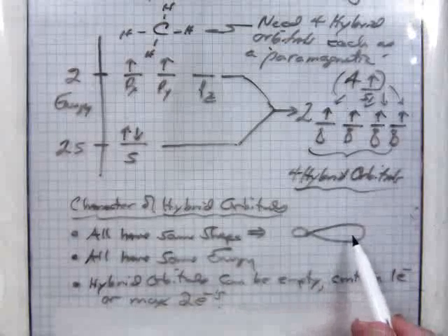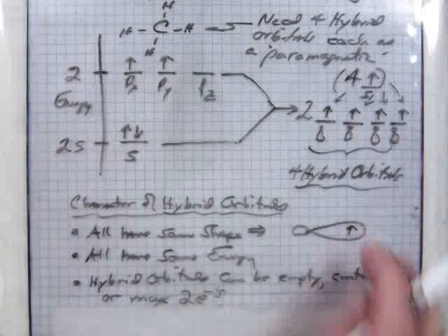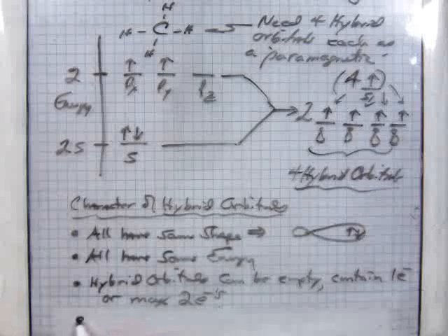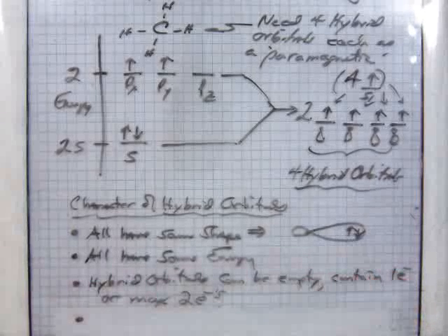So I can put at least 1 in there, or none, or max out with a diamagnetic like that. Of course, it is the electron orbital.